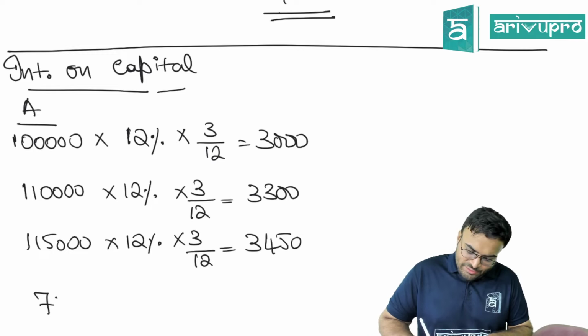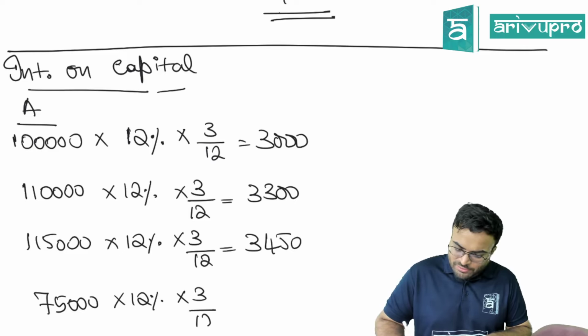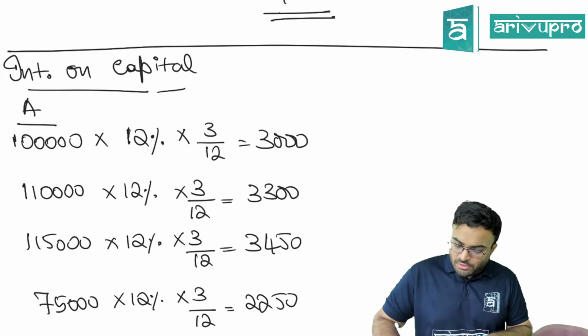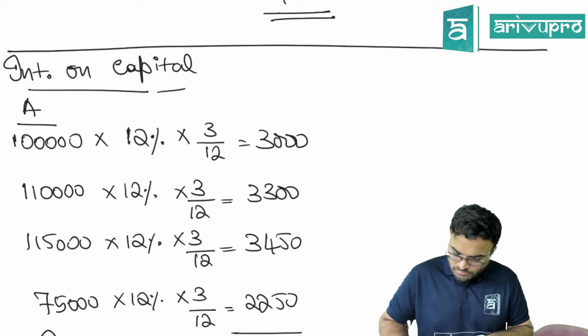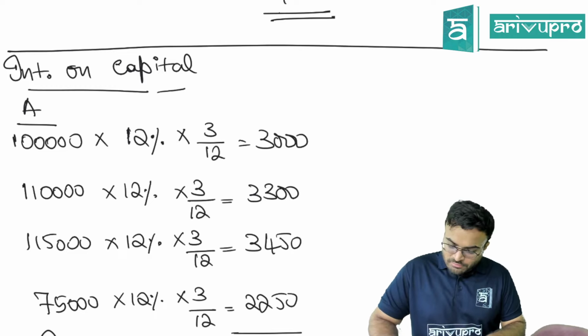Then it became 75,000 into 12%. It was 75,000 for 3 months. So 3 by 12, 250. Total the interest: 12,000.